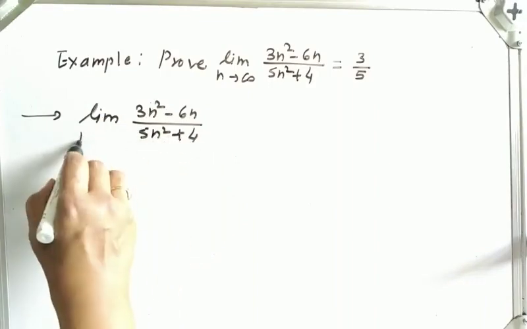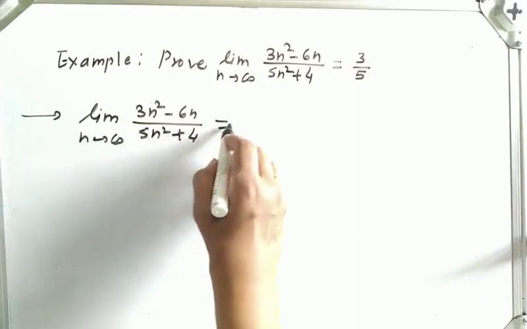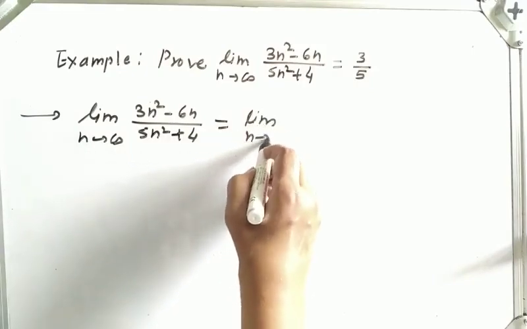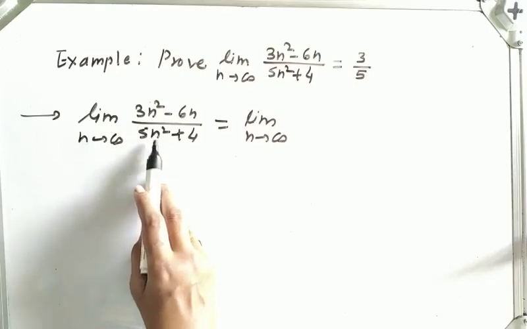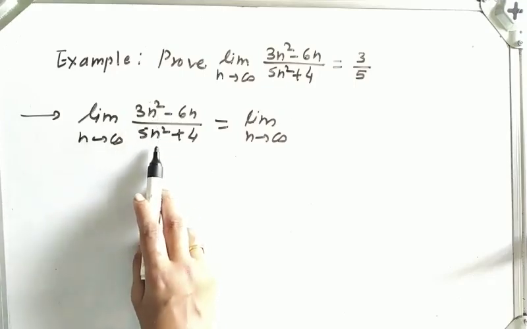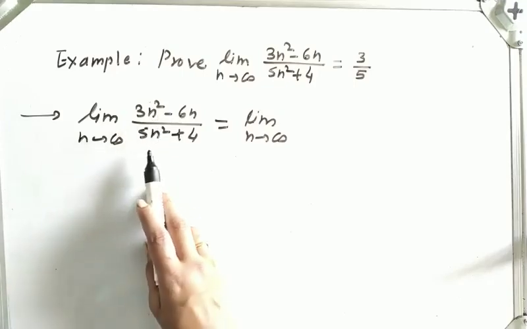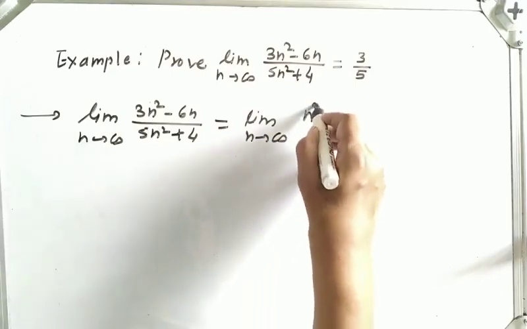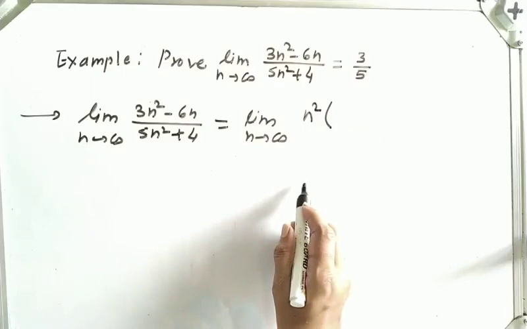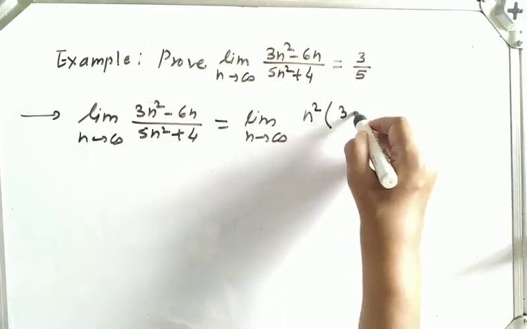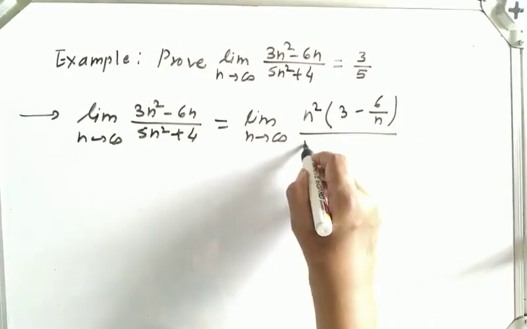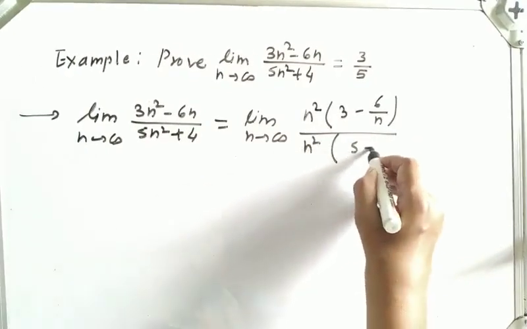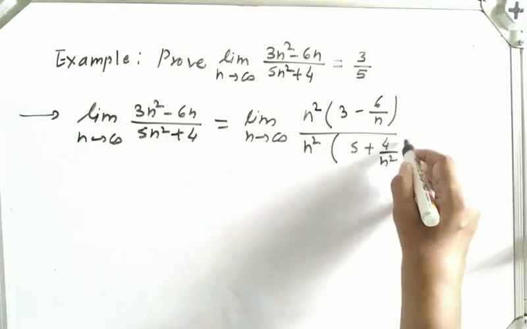as n tends to infinity. The highest power of n is 2, in the numerator as well as in the denominator. So what we do is we take n square common. After taking n square common in the numerator, we get 3 minus 6 upon n, and in the denominator, we get 5 plus 4 upon n square.